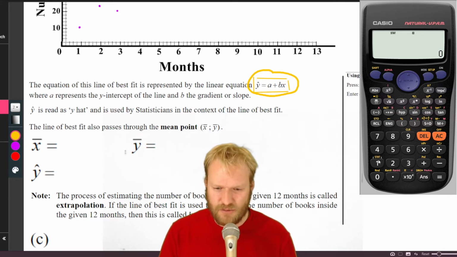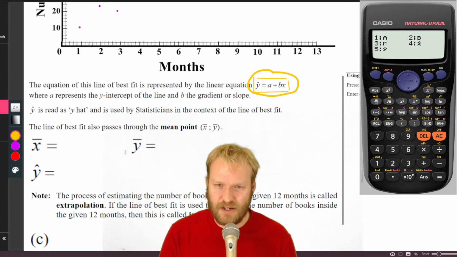The stat we used before was above the 1, so shift 1. This time we're using 5, Reg for regression, and they're all the things we want. There's a, there's b, and x and y we're going to get to in a second.